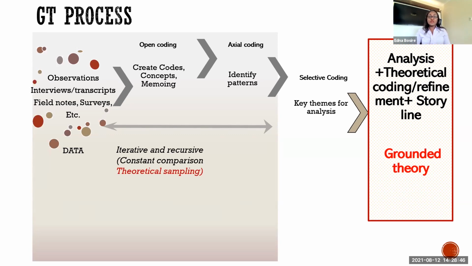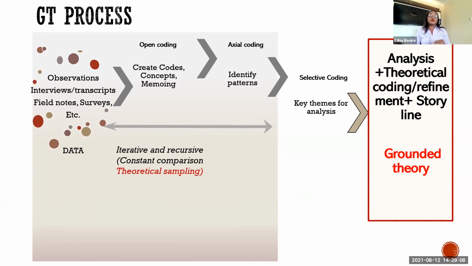So from open coding, we move to axial coding. And axial coding, this is where you start identifying patterns. Remember, the first time you just had your different broad categories. So you start identifying patterns. What is the relationship between code A and code B? You try to see whether there is a sequence. And after axial coding, you move to selective coding.